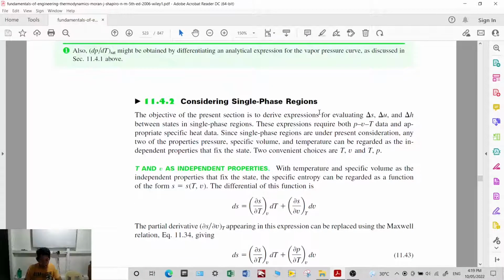Now for a substance in a single phase region, a single phase, so only one phase, no?